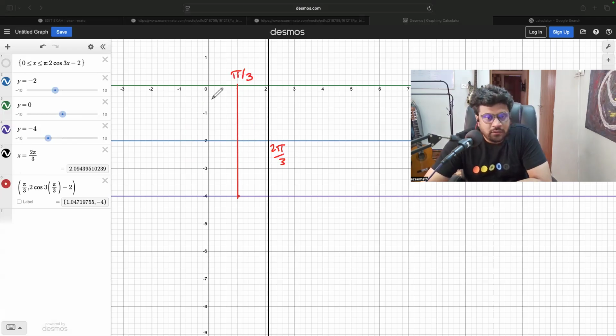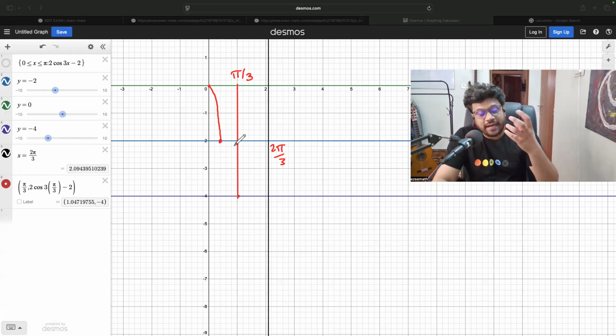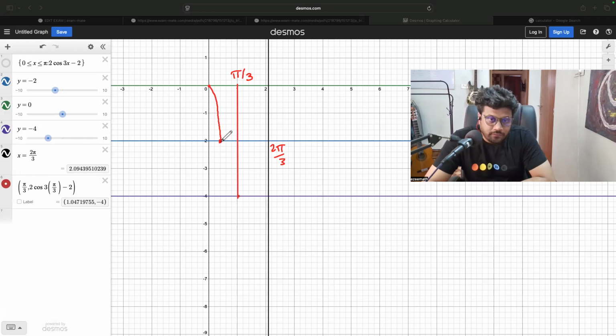You draw one half of a crest, one half of a trough, another half of a trough, and then one half of a crest, one whole trough, and then half crests.